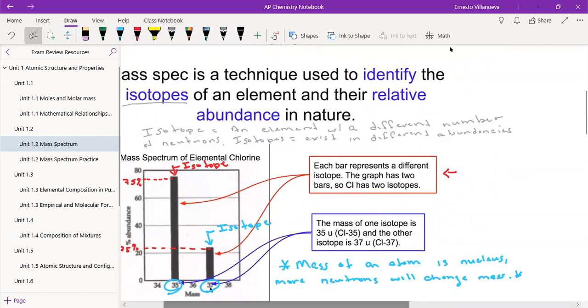Well, to do the work, you basically have to multiply the mass of the isotope by the percent abundance. Of course, you're not going to multiply by the percentage, you're going to multiply by the decimal. If we take 35 and multiply that by 0.75, you're going to get 26.25.